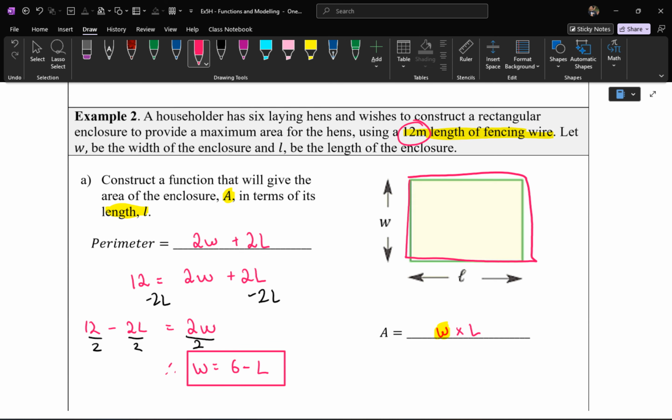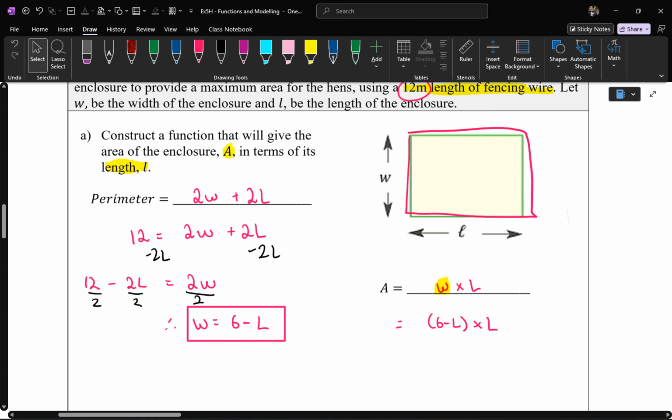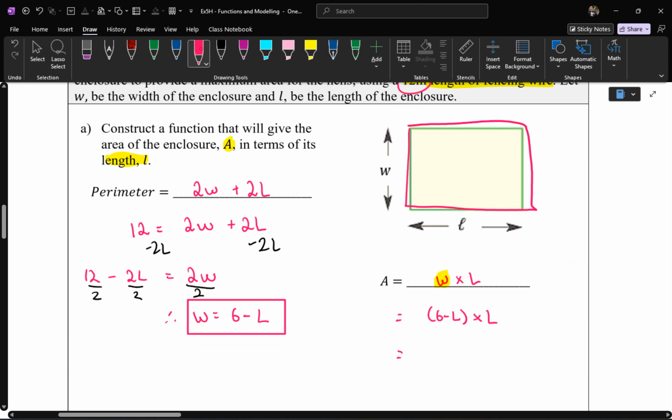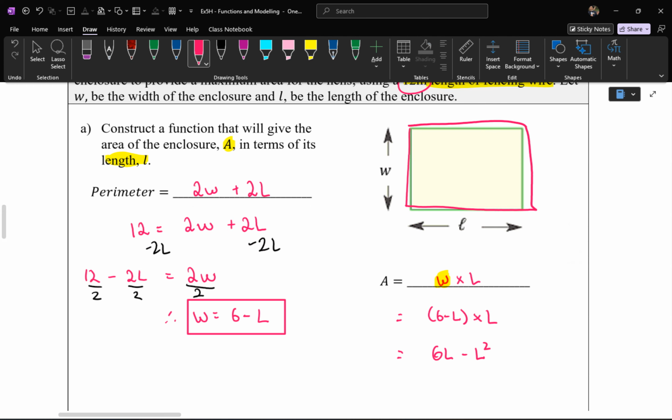Hands up if you got this expression, because that was key. It's a very typical application for quadratics. So W will equal 6 minus L. So the width will equal 6 take away L. That means your area, instead of saying W times L, you can now say 6 take away L, which is W, multiplied by L. If you expand the brackets there, you will get 6L minus L squared, and that is your area in terms of L. That's the formula.